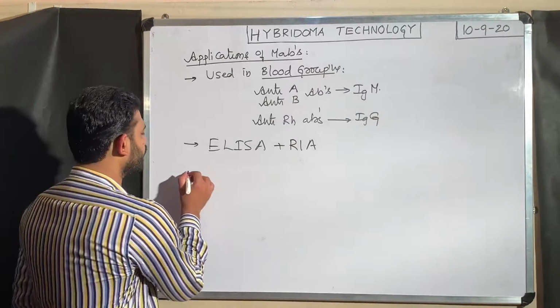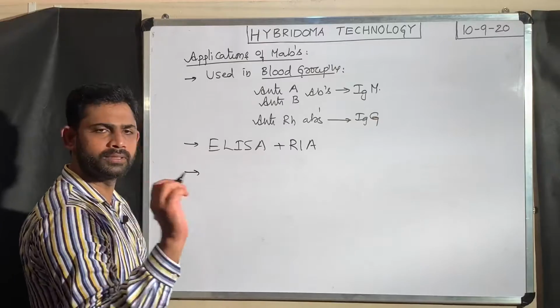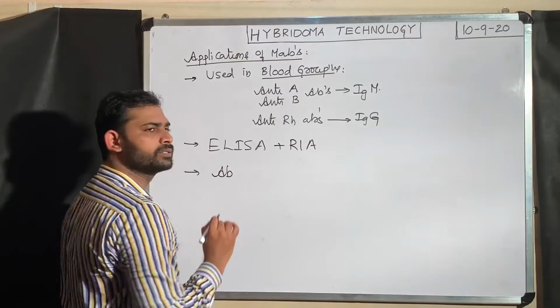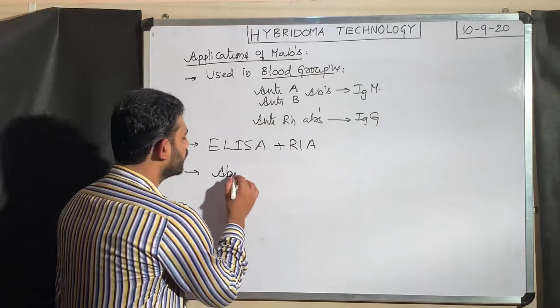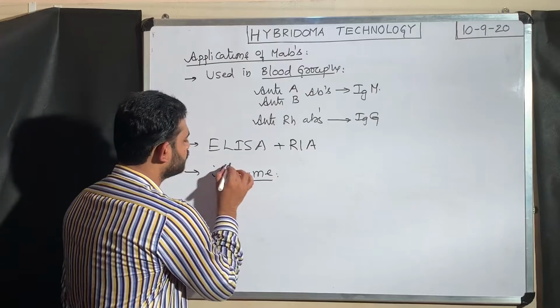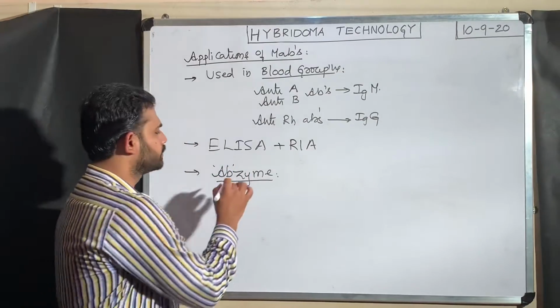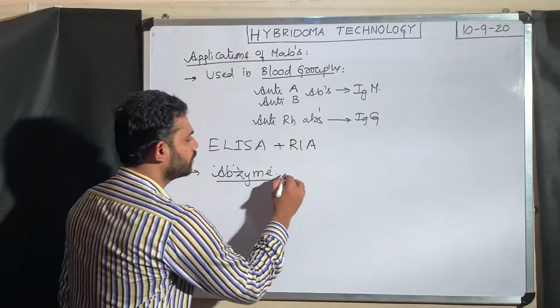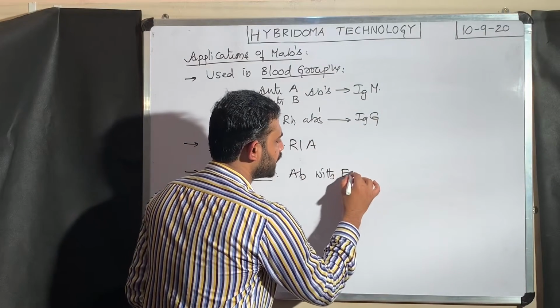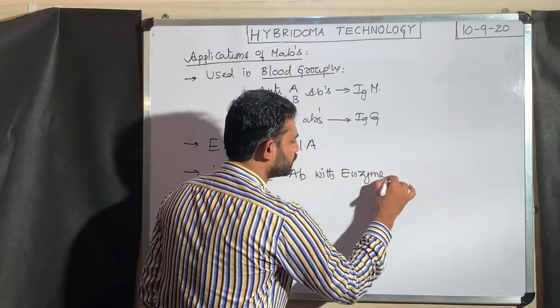The next one is that antibodies can also be used as enzymes. Antibodies with enzymatic activity are called abzymes. What is an abzyme? Ab means antibody, zyme means enzyme, so antibodies with enzyme activity.